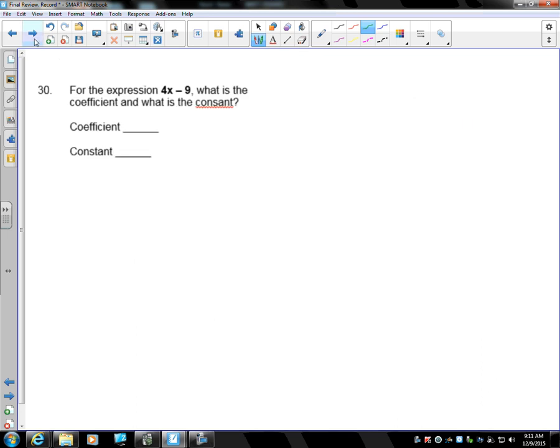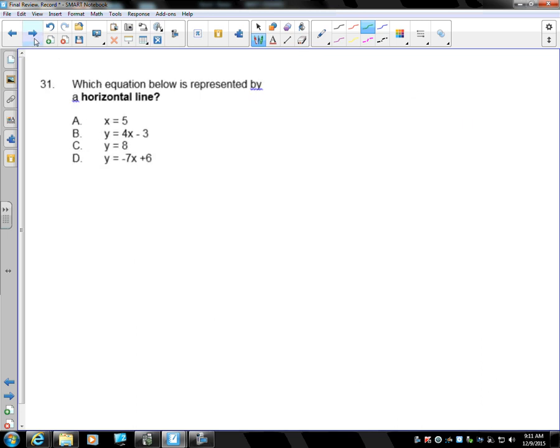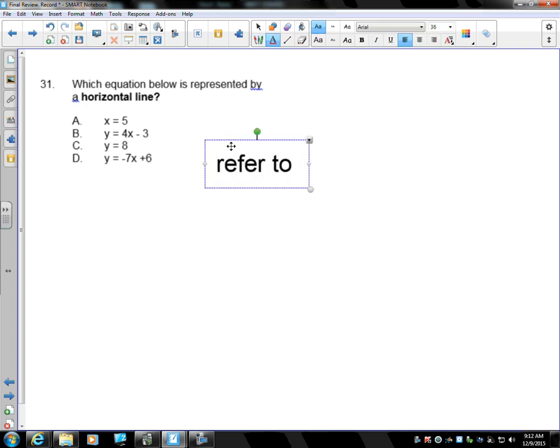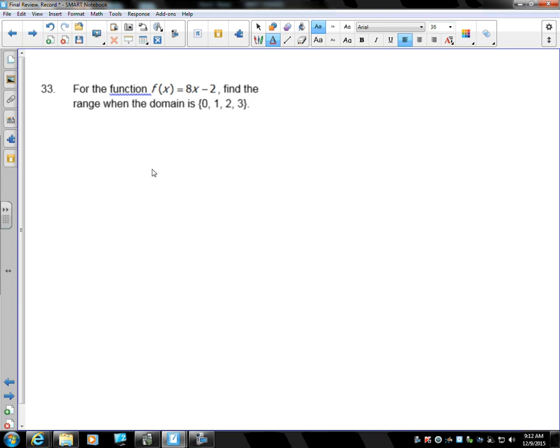Now, number 31, we already talked about in number 21. So for number 31, refer to number 21. The next one is 33. Okay. And for 33, you're going to refer to number 9.